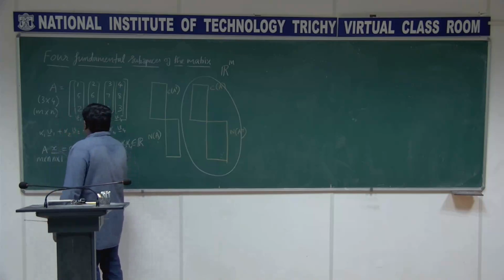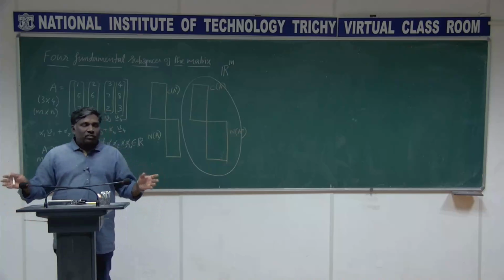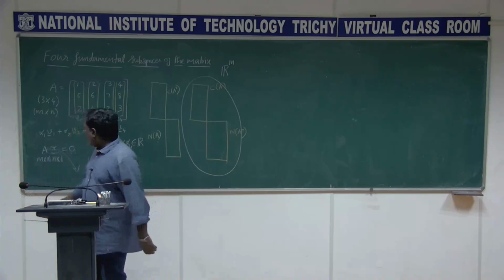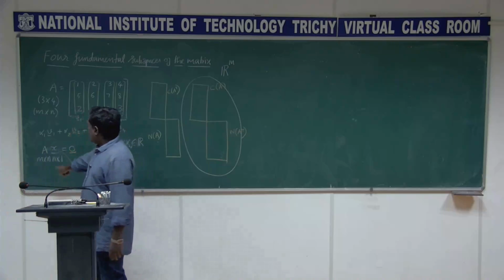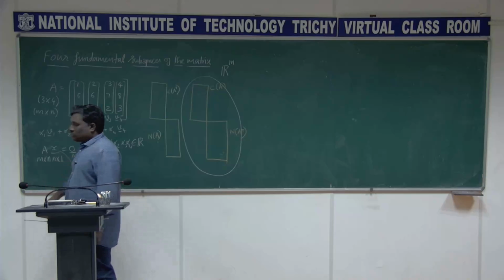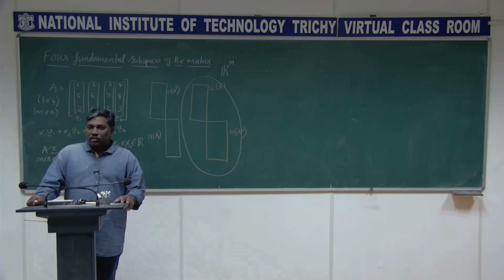This forms a vector space. The set of all values of x satisfying Ax equal to 0, where 0 is a vector here. This is m cross n, this is n cross 1, so the result is m cross 1. So the set of all values of x satisfying Ax equal to 0 is what we call the null space of the matrix A.